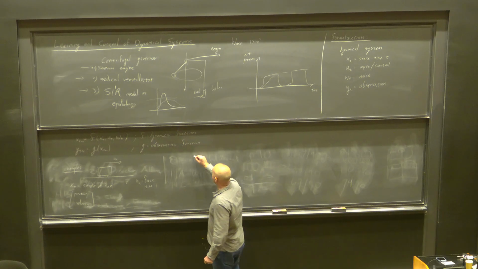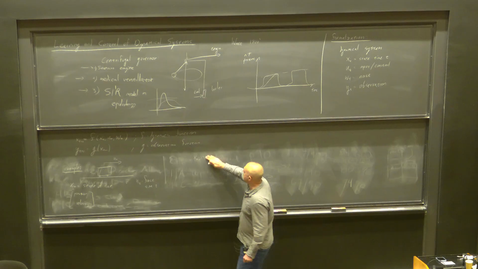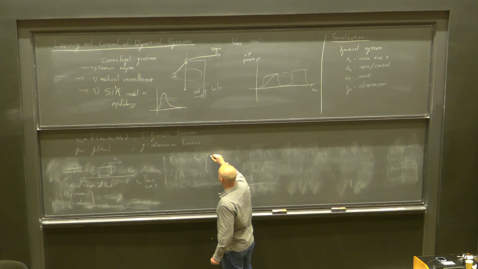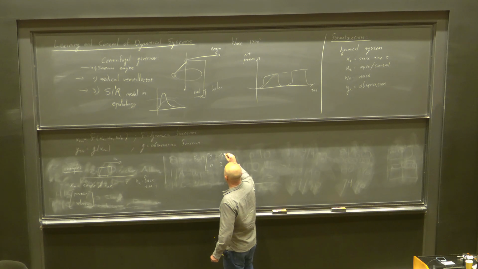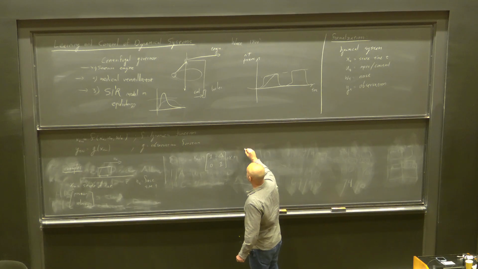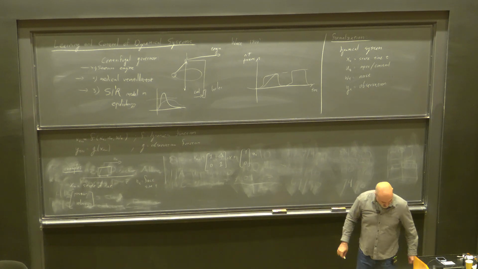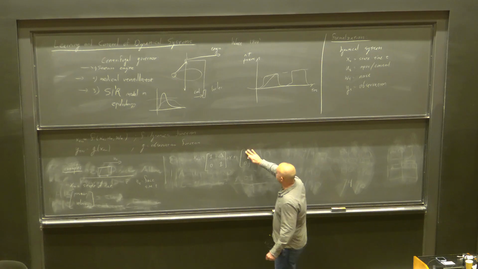So xt plus 1 is the matrix 1, delta, 0, 1 times xt, plus the vector 0, 1 times ut.